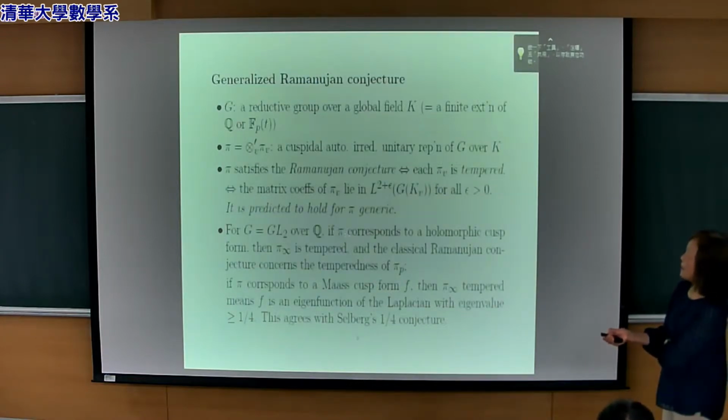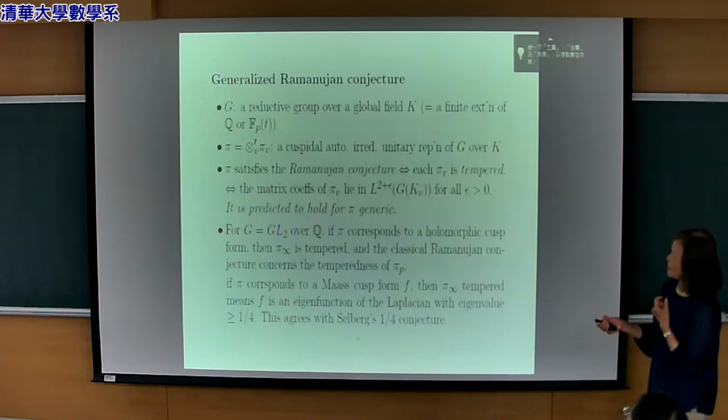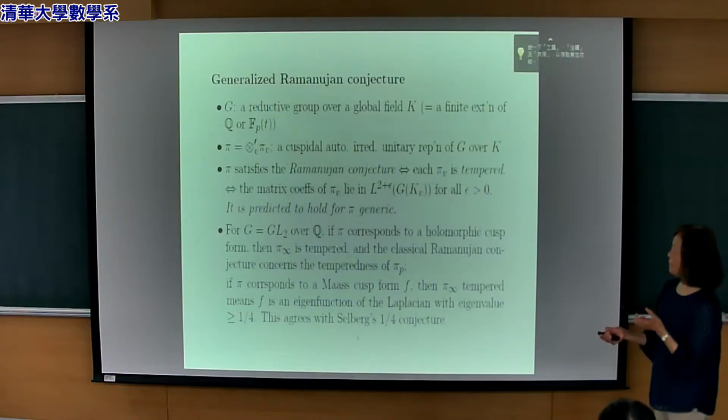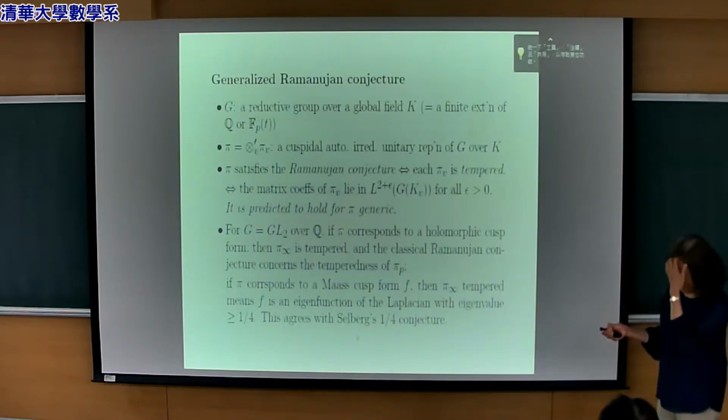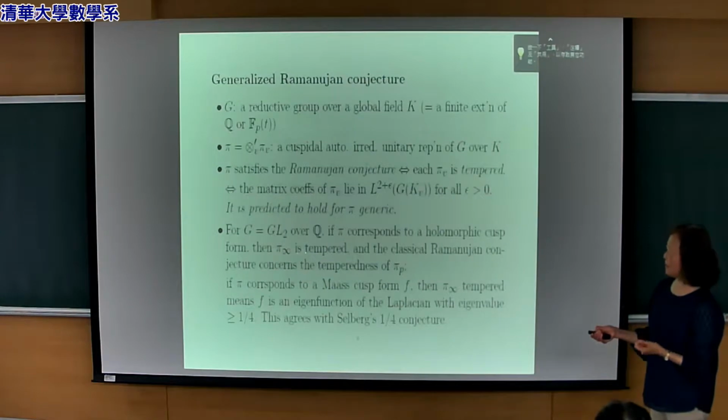So if they're coming from a holomorphic cusp form, then when I look at the local components, because it's over Q, so over the place at infinity, because the form is holomorphic, that means the representation is either discrete series or limit of discrete series, so it's always tempered. So there's no problem about the component at infinity.